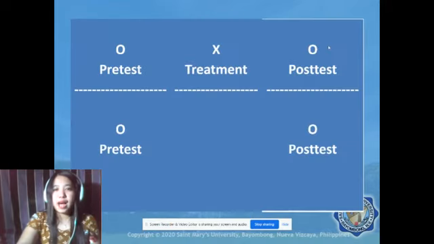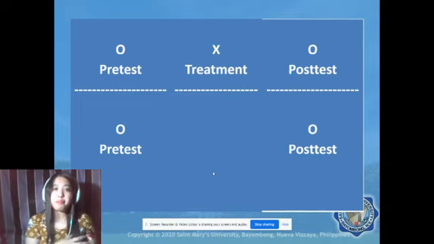So this is the illustration. We can illustrate this by placing pretest, treatment, post-test. If you notice here, we have broken lines that divide the two, which means that the groups were already formed before the experiment.